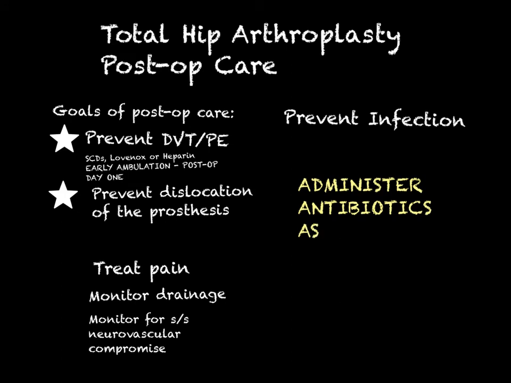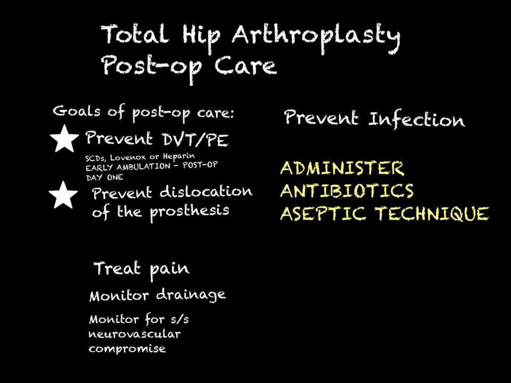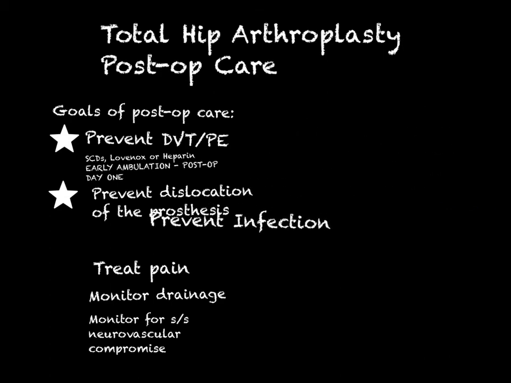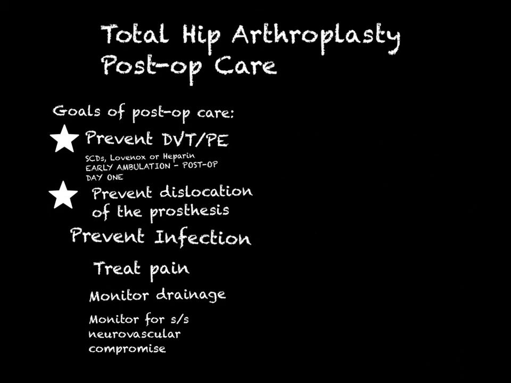We're going to use aseptic technique with dressing changes and with any wound care that we do. And we might encourage people who aren't feeling well to avoid visiting or wear a mask. So that's really preventing infection.